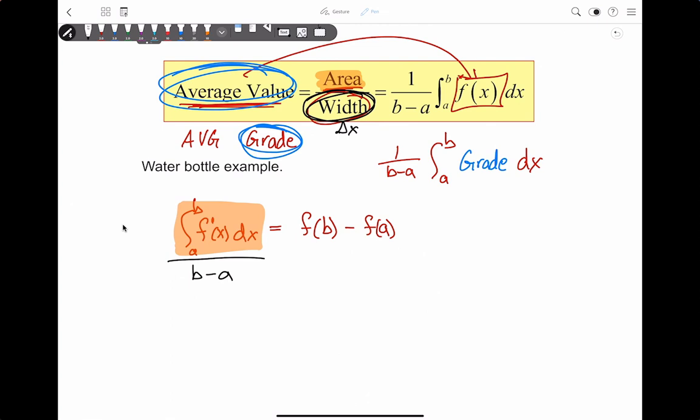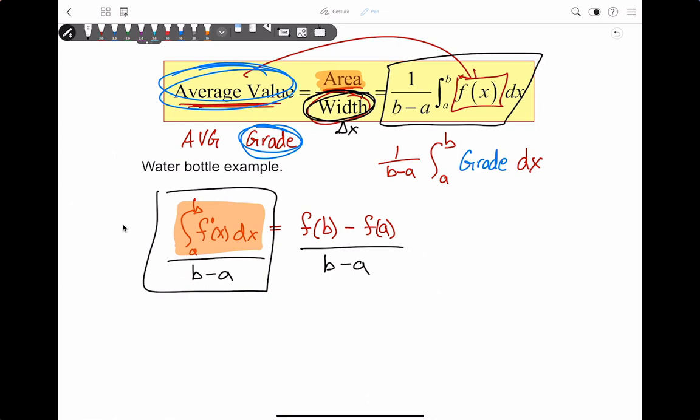And when I do that over here, this equation is equivalent to that area over the width. And that area is change in position. This is displacement, both here and here, and it's the area underneath the graph.